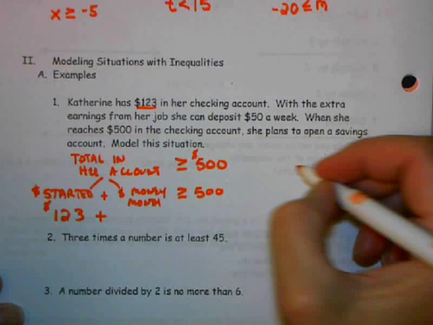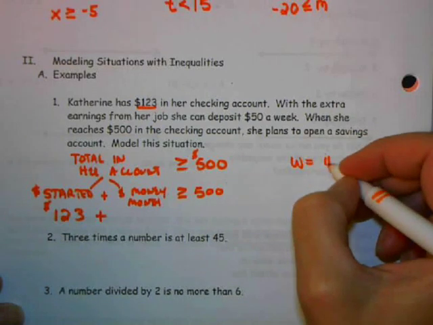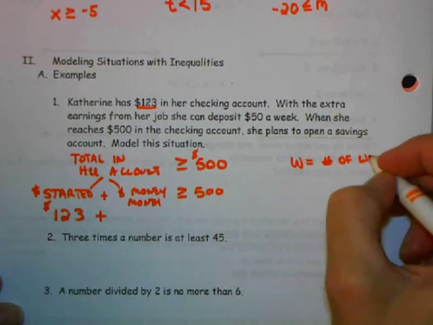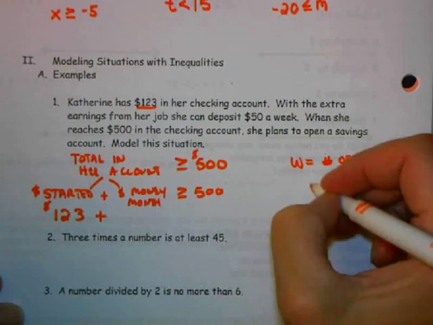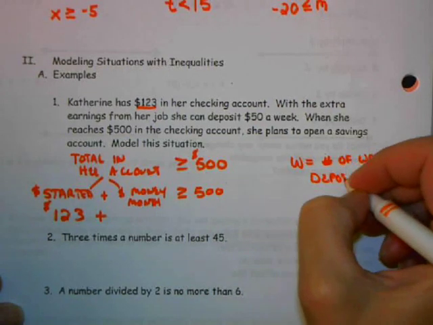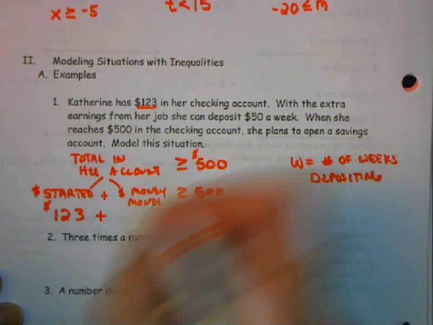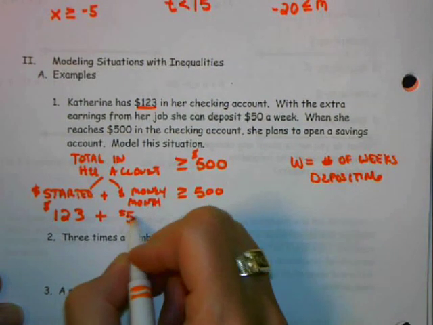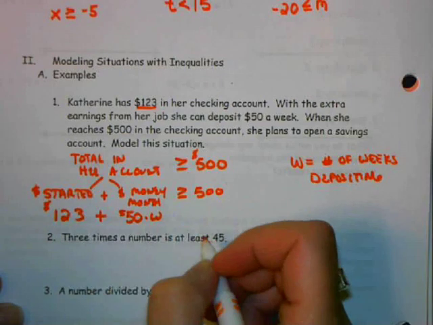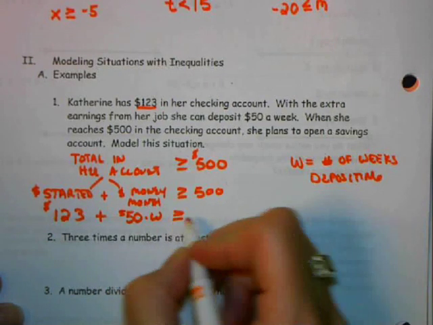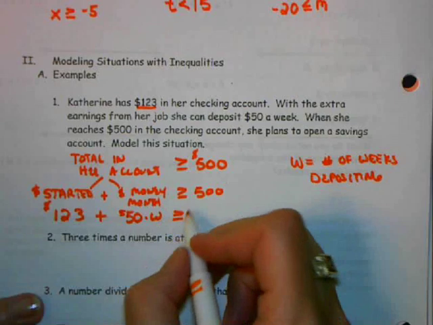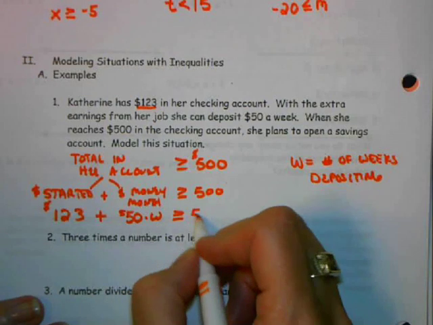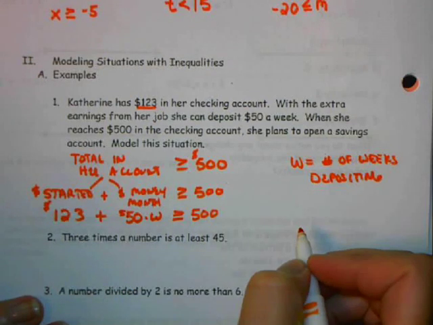So I'm going to define a variable. W equals the number of weeks that she's depositing money. So the amount of money that she's put in over all those weeks is $50 times W, and that has to be greater than or equal to $500.